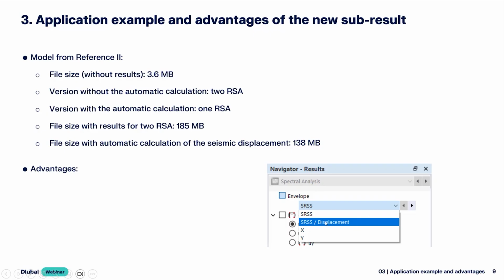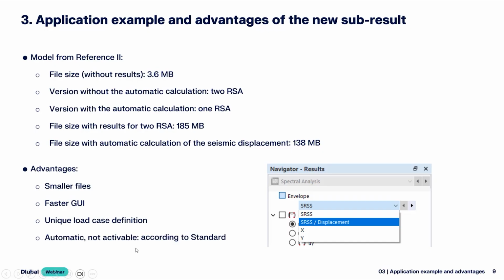So the advantages of this new sub-result, the displacement sub-result, as we saw: smaller files, a faster interface in the program. Also a unique load case definition, so that's also quite important. And it's automatic, it's not activable. We made the decision to not make it optional because it's a requirement that takes place in every standard.